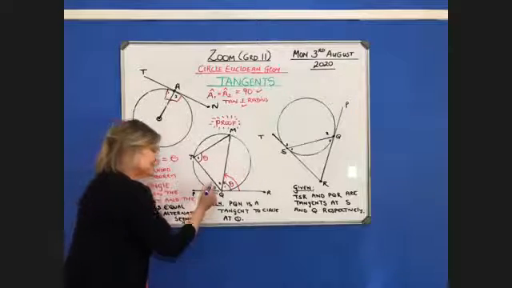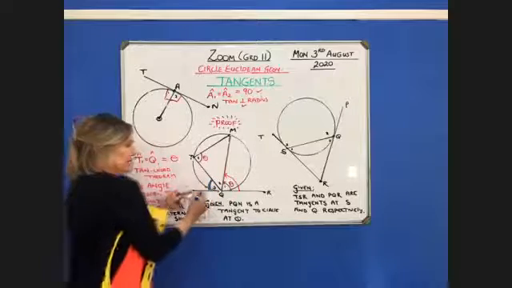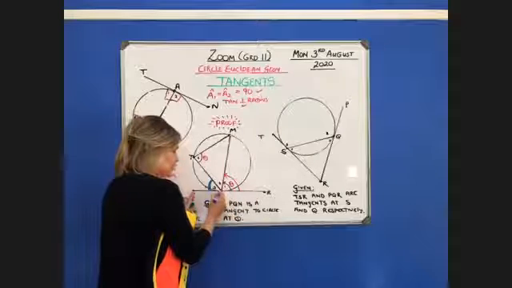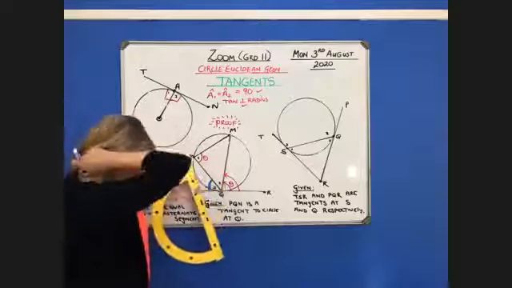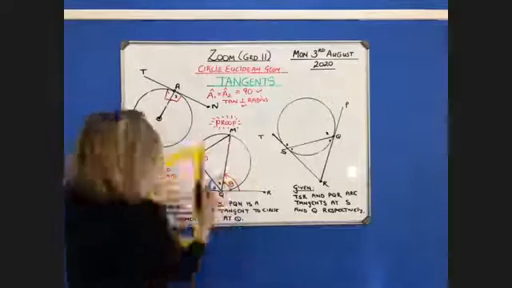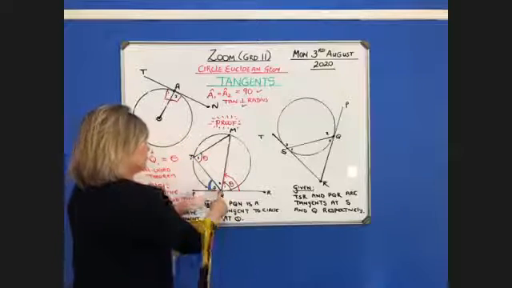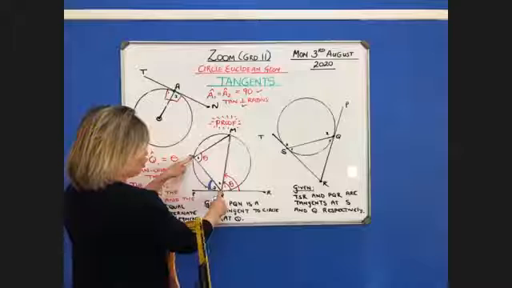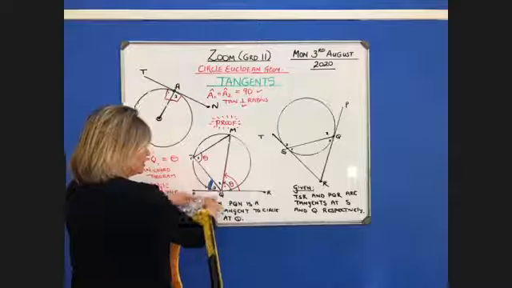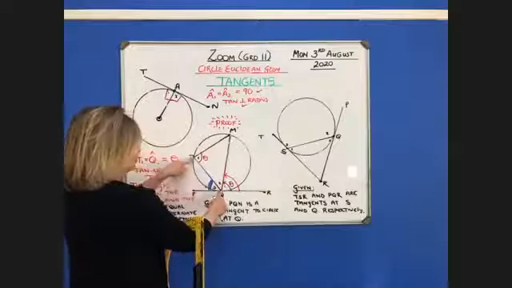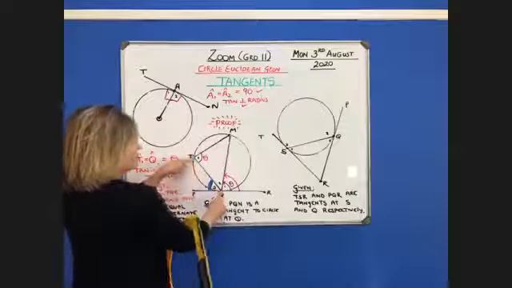So you can all see that this blue angle here, angle Q3, if you look here, there's your tangent, there's your point of touch. Put your finger on the point of touch, with your other finger, you don't have to highlight it, but put your other finger at the end of that chord so you can clearly see this is the angle between this tangent PQR and the chord, TQ.